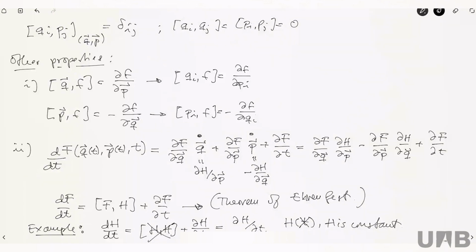Okay, now the Poisson brackets can also be used to write Hamilton's equations. So Hamilton's equations can also be written in terms of the Poisson brackets.